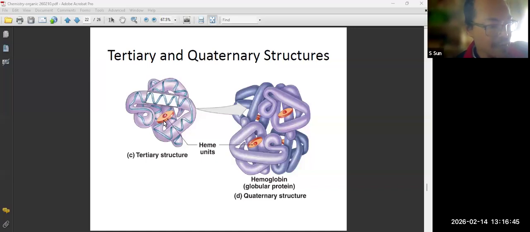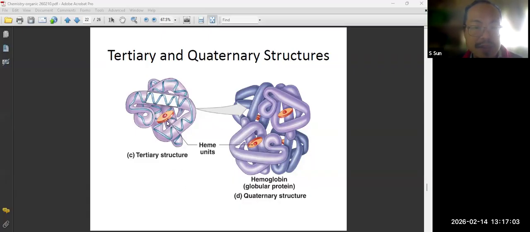Like maybe this is a pen, right? The pen has two pieces, like this piece. You can take it out, and then you put the two pieces together. If you have two pieces together, it's called quaternary structure.